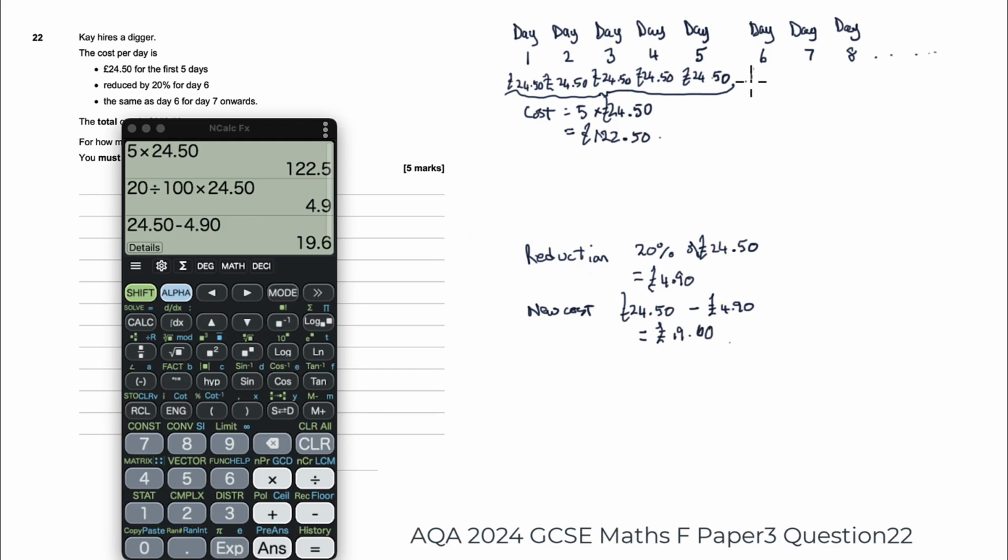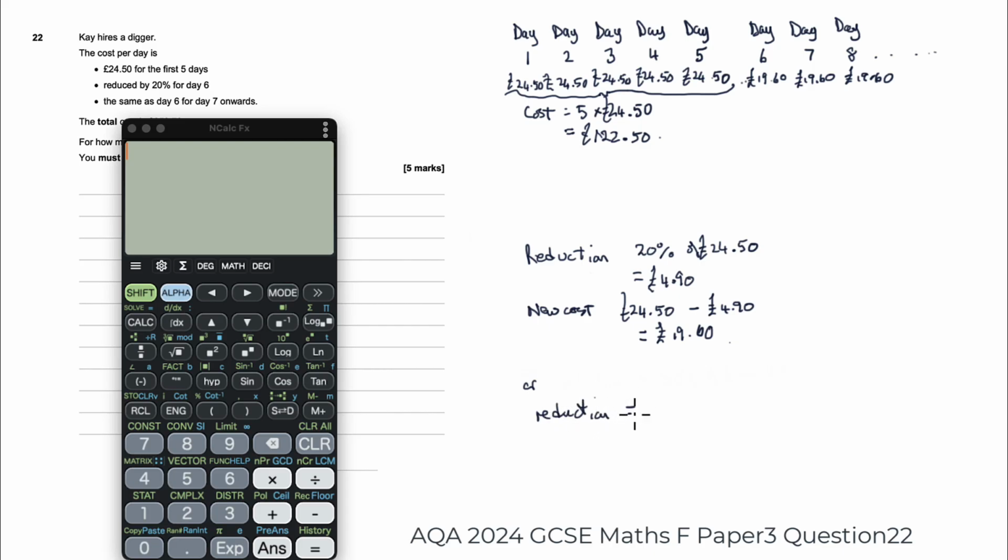So every day thereafter, the cost is now £19.60. Now there is another way of doing this, perhaps a slightly easier way. We can say that that reduction is 80% of £24.50.